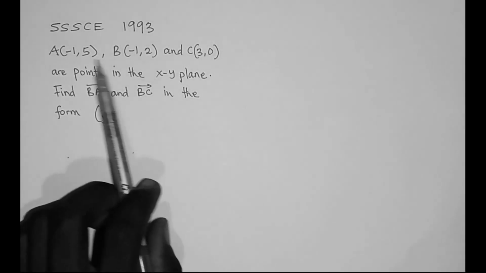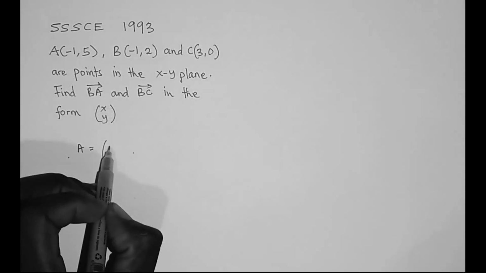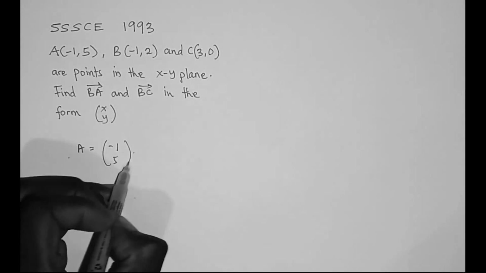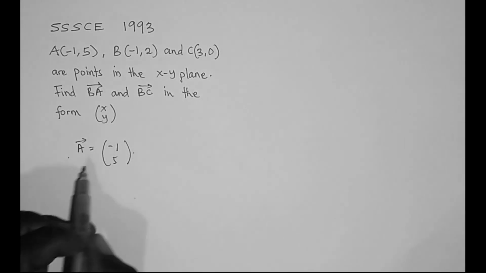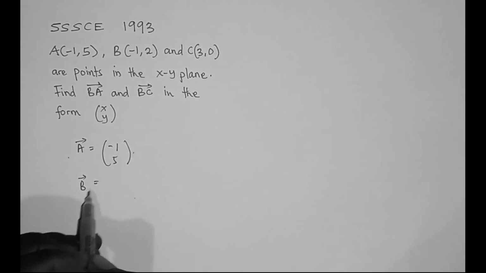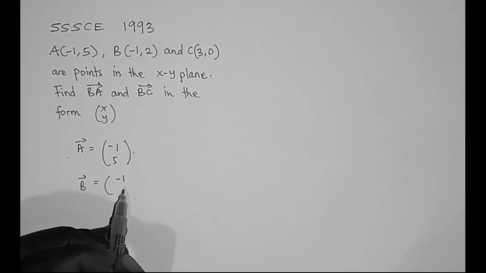So let's write down the column vectors. The column vector A is -1 and 5, and the column vector B equals -1 and 2.